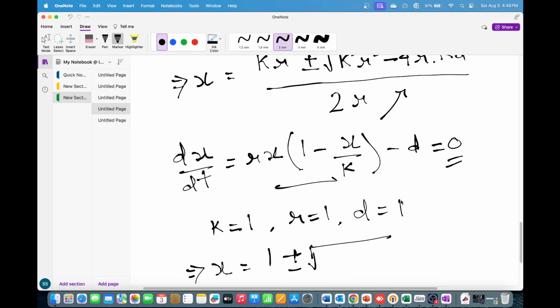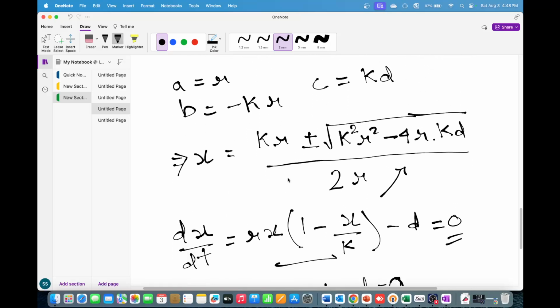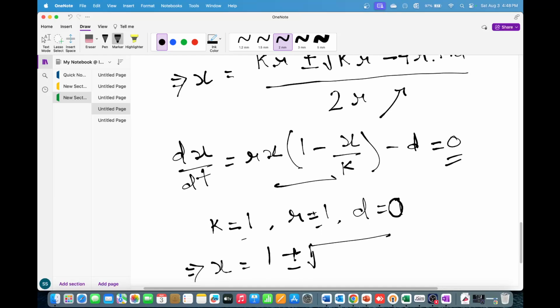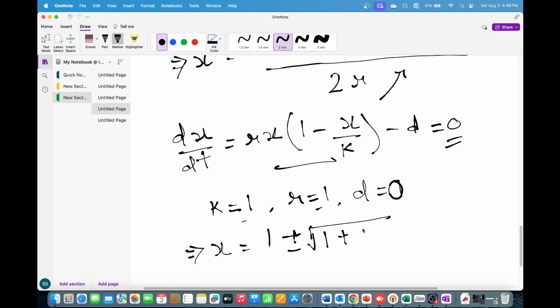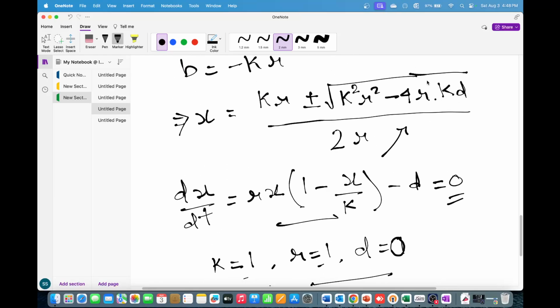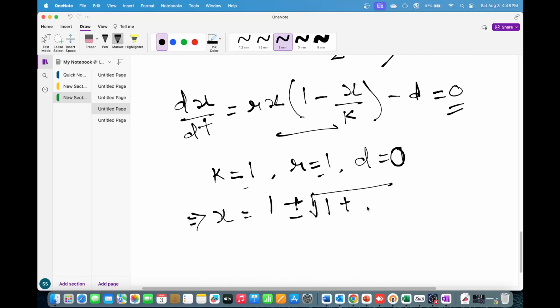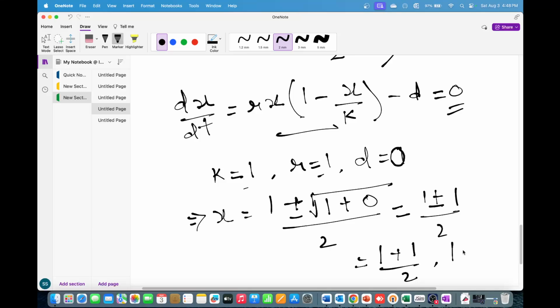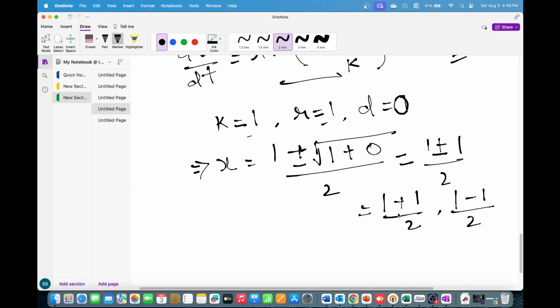Let's not take d as 1, it will complicate the situation. Let's take d as 0. Okay, k = 1, r = 1, d = 0. So kr becomes 1, k²r² is also 1, and since d is 0, the 4krd term becomes 0 as well. So this is 0 by 2; if you simplify, x = (1 ± 1)/2. One solution is (1 + 1)/2, the other solution is (1 - 1)/2. So this is basically 1, and the other solution is 0.